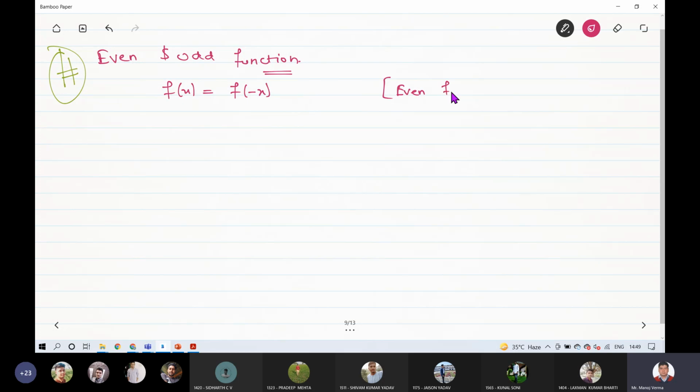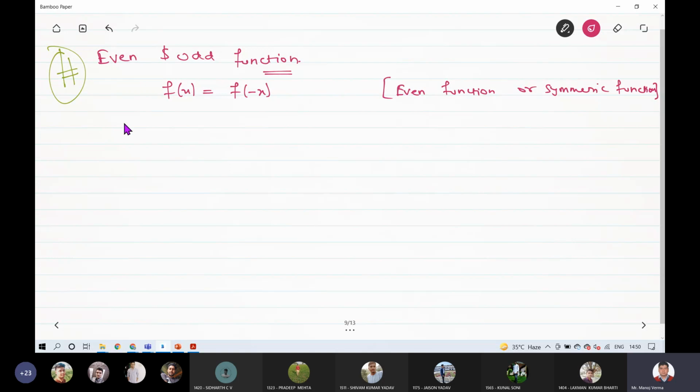Then that particular function, we can say this function is an even function or symmetric function. Now, why is it called a symmetric function? Because the graph of an even function is symmetrical with respect to the y-axis.